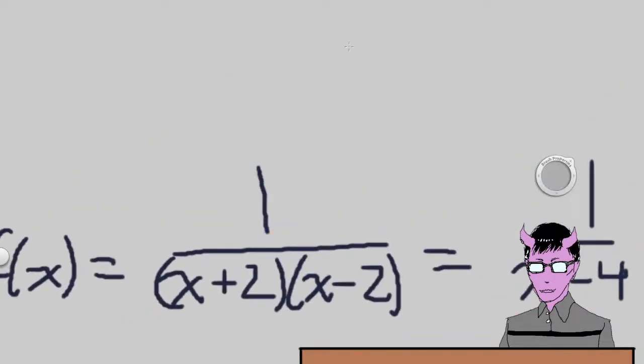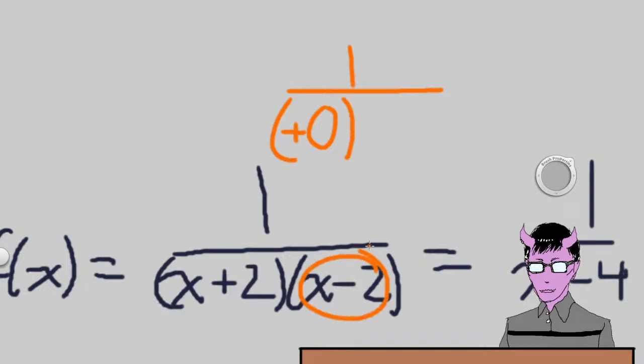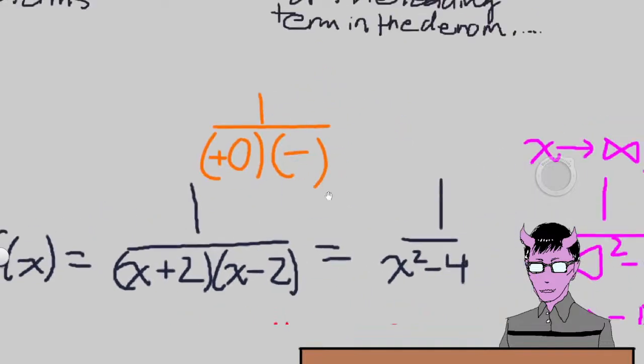If we plug in the number, the top remains 1. We plug in almost negative 2, like negative 1.9-ish. So we get almost 0, but it's positive almost 0. This number here is going to be still negative. We don't care. So the two signs don't cancel.